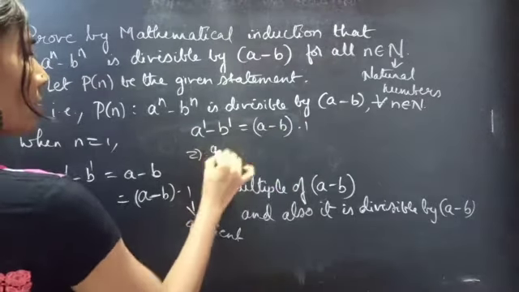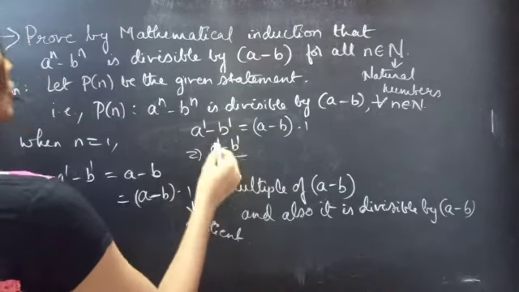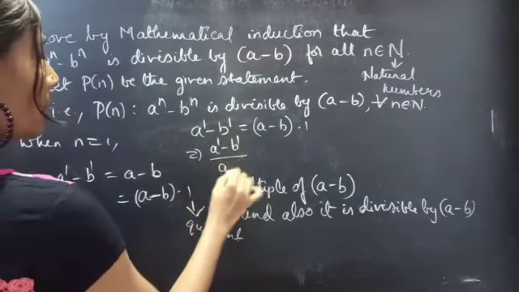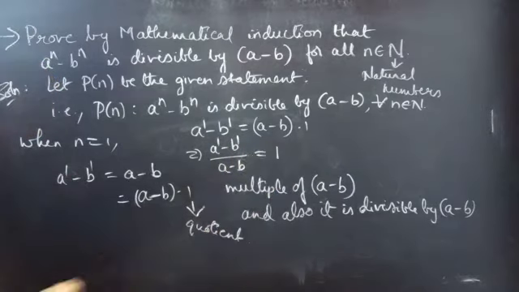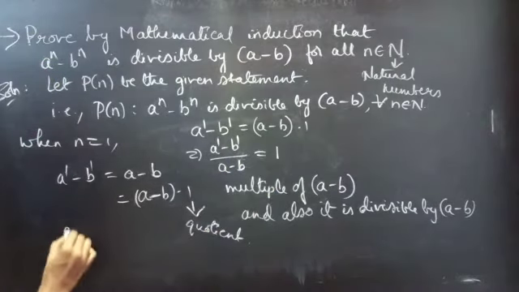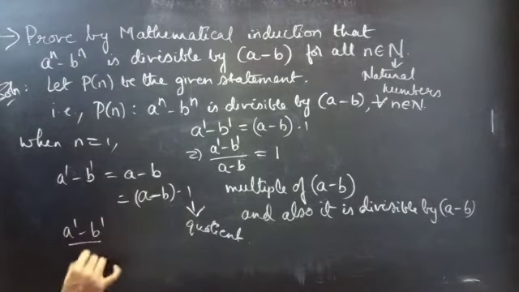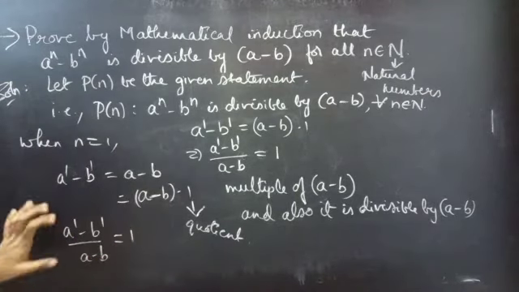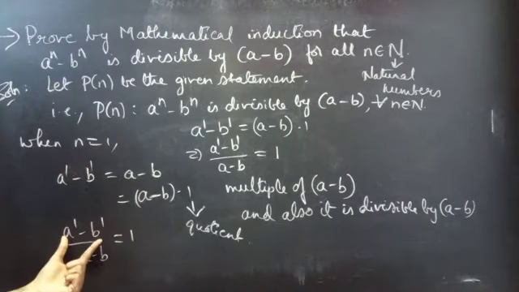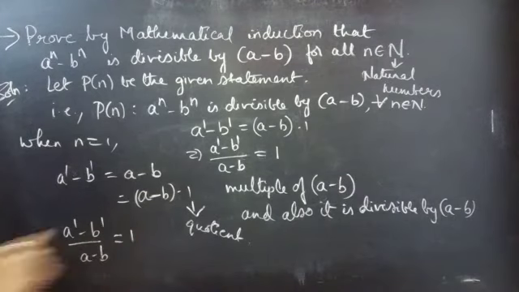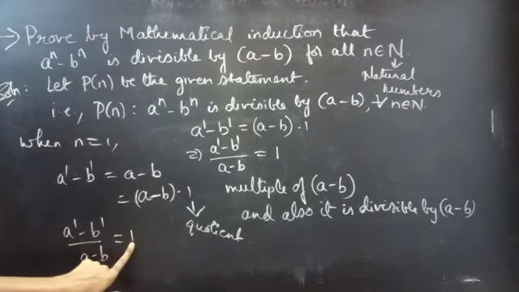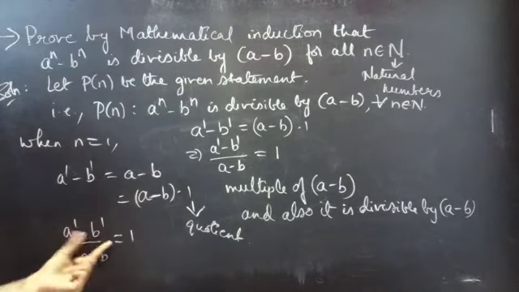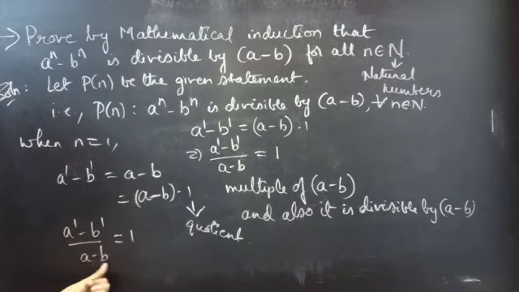You can write this as a^1 minus b^1 by a minus b, which equals 1. So from this we can say that a^1 minus b^1 is divisible by a minus b with quotient 1. Or we can say 1 is the quotient when a^1 minus b^1 is divided by a minus b, the divisor.